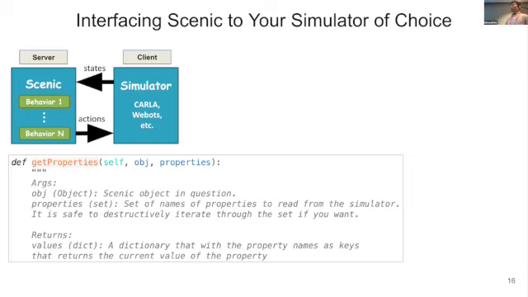And then the next part is, how do you update, from the Scenic side, its understanding of the world state at each time step? This is the function that you need to update, which is get properties. This is the part where you use, again, your simulator's API to get the world state information, such as the properties like positions, orientation, speed, and so on, of each object in the Scenic program in your simulator.